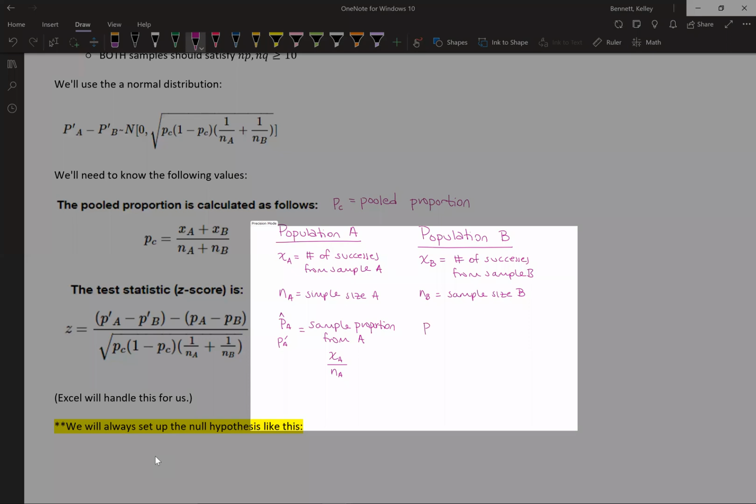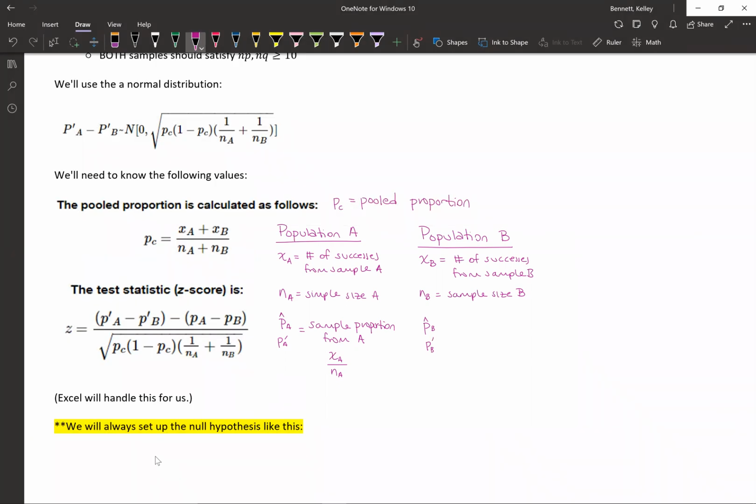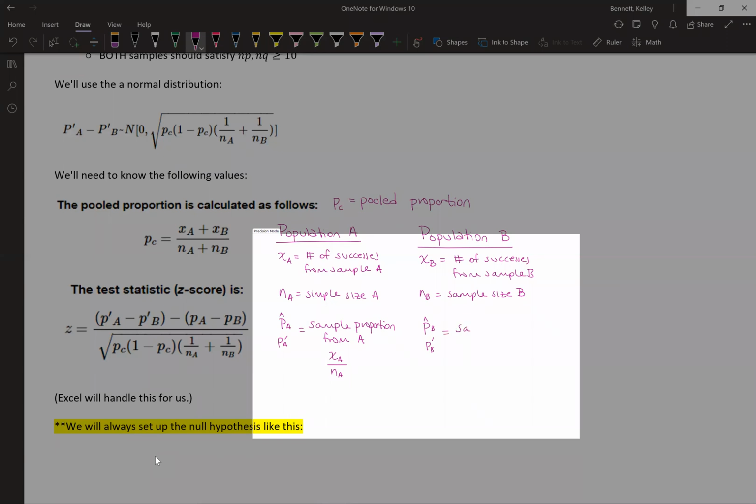Similarly, you're going to have PB hat or PB prime. However, I like hats. The textbook likes primes, but pick your poison. This is the sample proportion from B. And the way that you compute it is just XB, the number of successes from your sample from B, divided by the sample size from B.